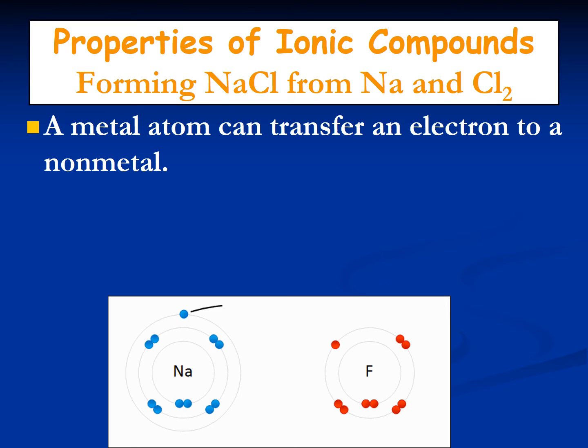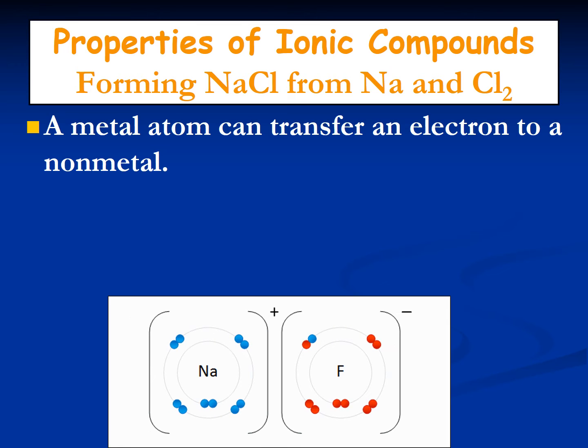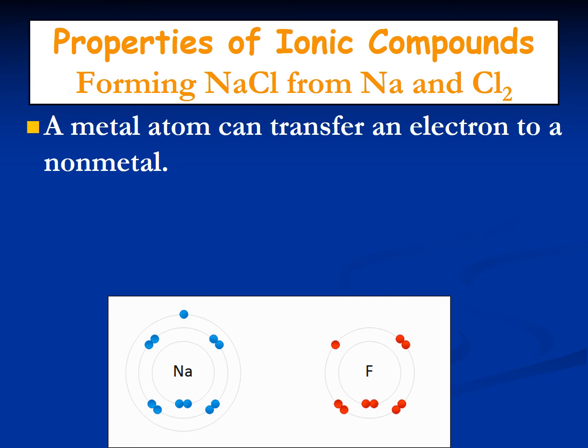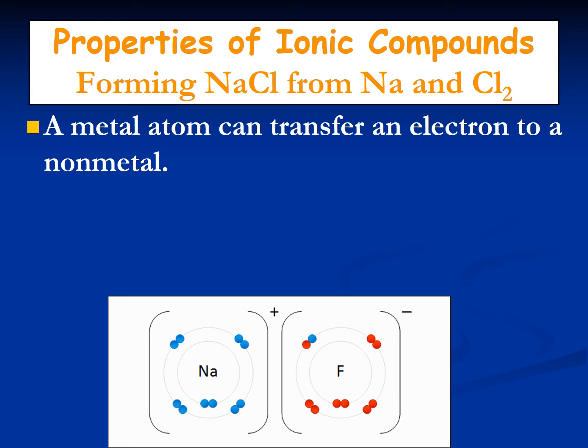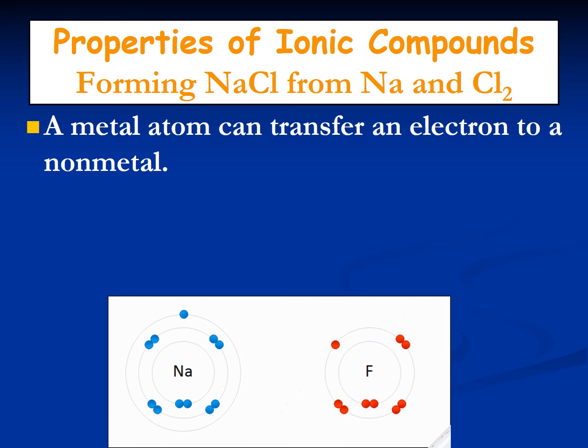Now remember that a metal atom can transfer an electron to a nonmetal. For example, in the animation, you see sodium transferring an electron to fluorine. The sodium becomes positively charged, the fluorine becomes negatively charged, and they stick together because now opposite charges attract.